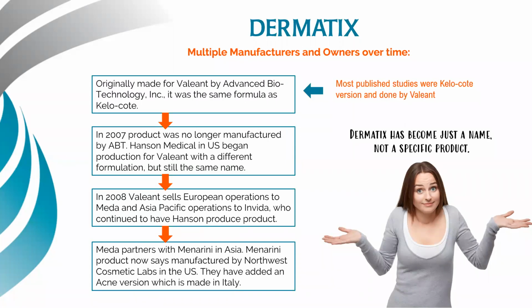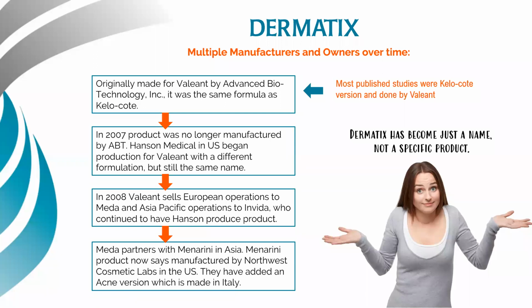In 2007, ABT ended its agreement with Valiant. Valiant went to Hansen Medical in the US and bought their Scarfade formulation and put it in the tubes. And so it still said Dermatix, but it was a completely different product, different formulation. In 2008, Valiant sold off the European operations to Meda, and it sold off their Asia Pacific operations to Invita.